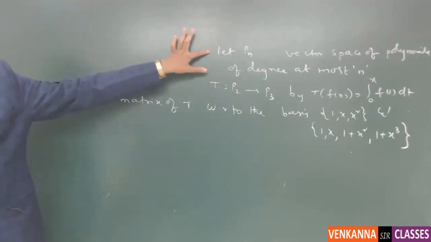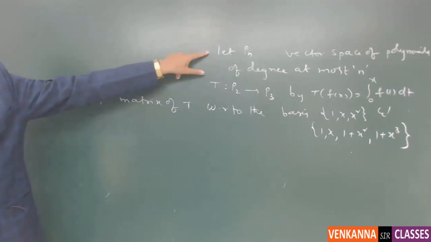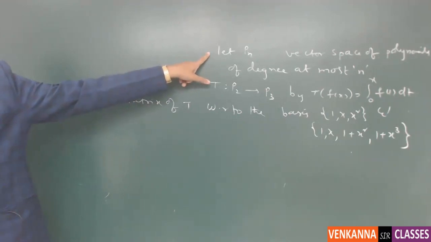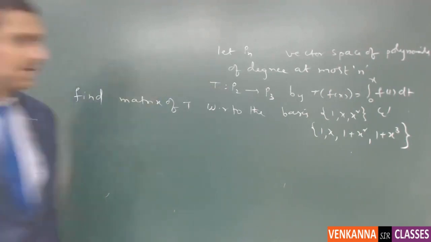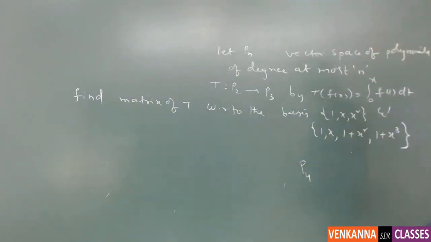See, this is one of the previous year questions. Here we have the set of all polynomials of degree n. I have considered it as a vector space. If I have written P4, it means that it is a vector space containing all polynomials of degree up to 4.